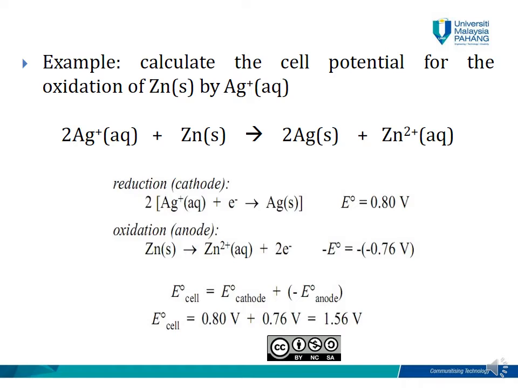So this is the answer for the oxidation process. The E naught is actually positive 0.76 volt. So when you want to calculate the E cell, you just simply add 0.8 volt plus 0.76 volt, and you get 1.56 volt.